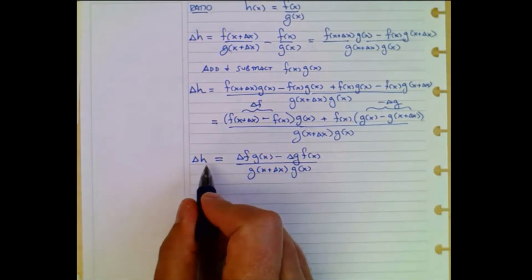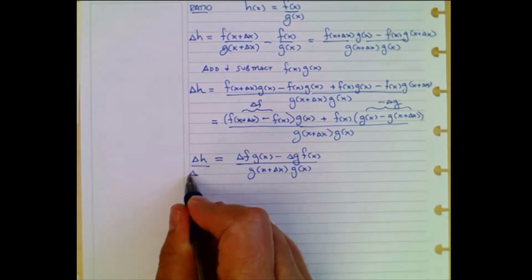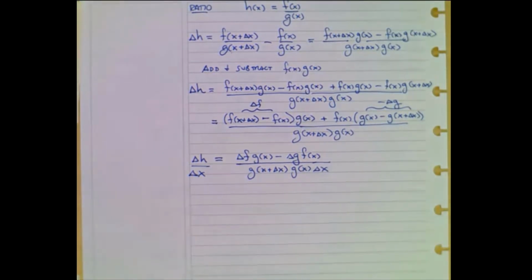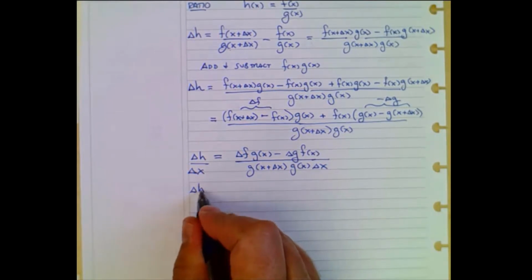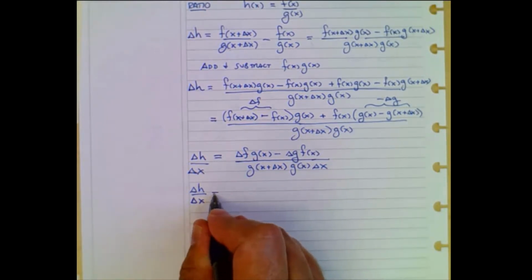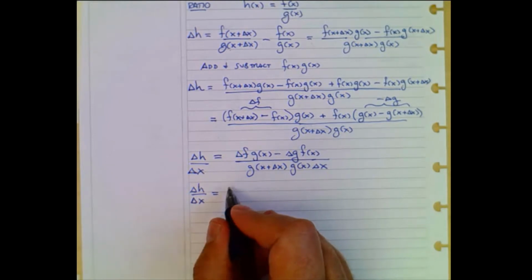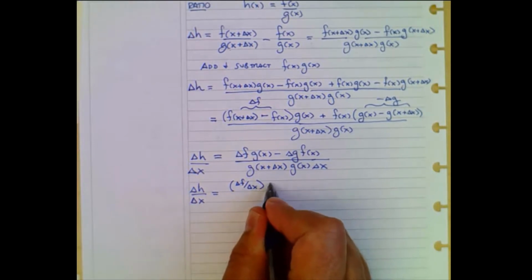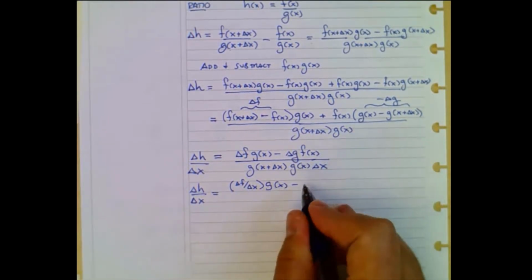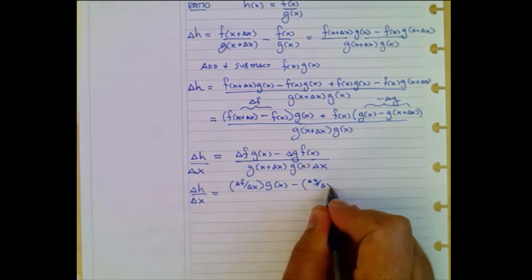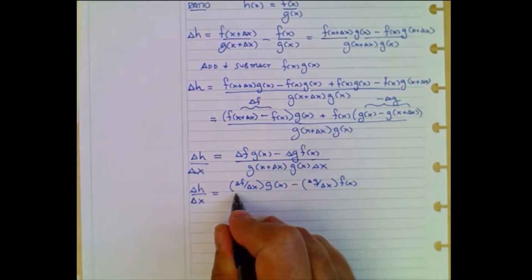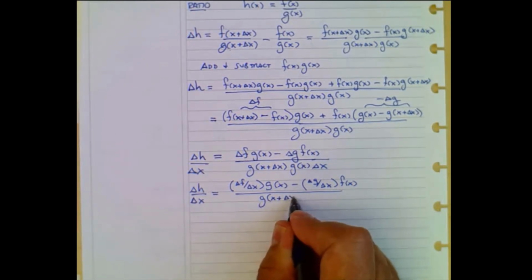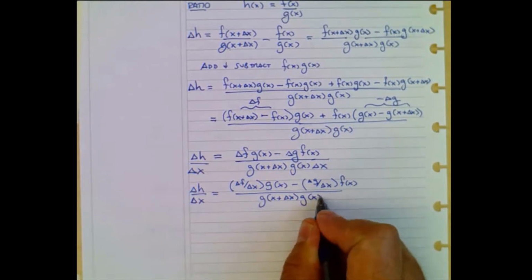Finally, divide both sides by delta x. There we have it. And then put together terms that we know belong together: here I have delta f divided by delta x times g of x, minus delta g divided by delta x times f of x, all over g of x plus delta x times g of x.